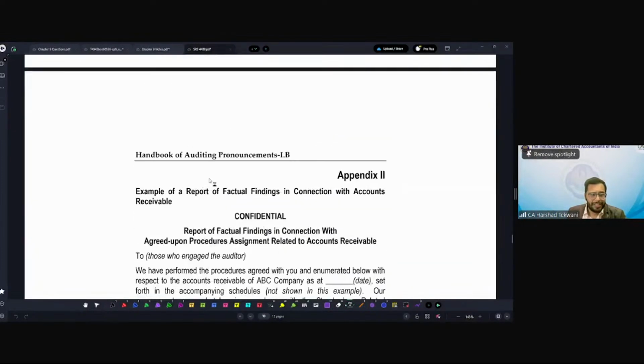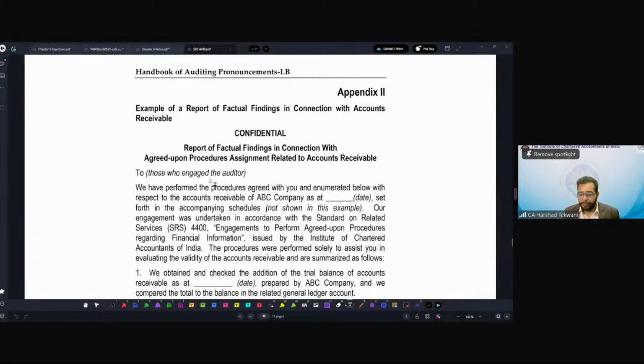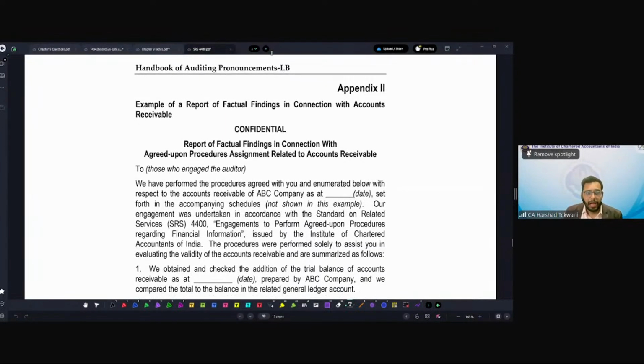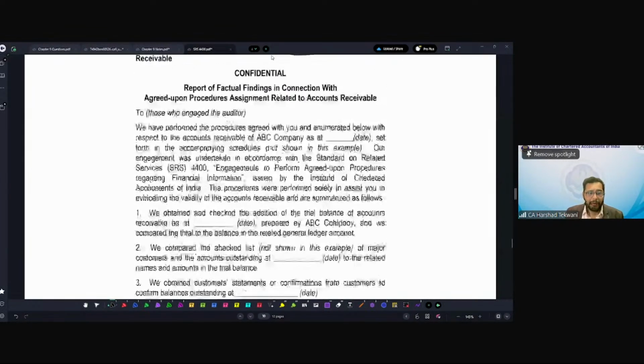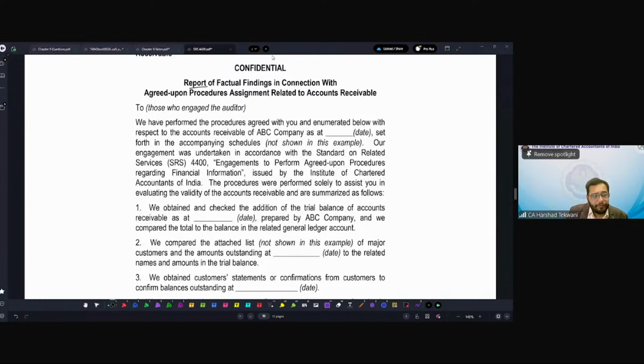This is one such example of a report on factual findings in connection with account receivables. Now see how it is there. The title is report on factual findings in connection with agreed upon procedures assignment related to account receivable.